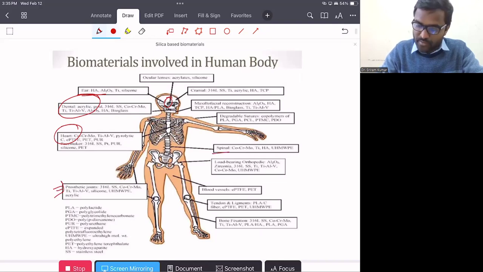If we have a problem in a blood vessel, we can also use biomaterials as a blood vessel. We can also use tendon or ligament substitutes as biomaterials, and biomaterials for bone fixation. So these are the key applications of biomaterials in our body.